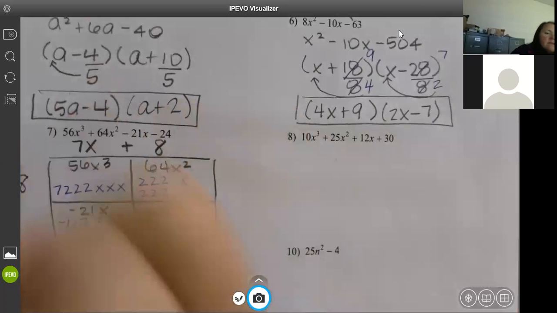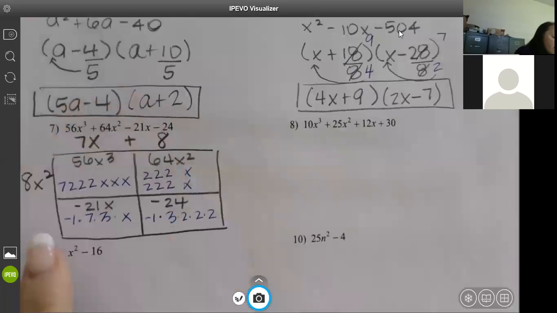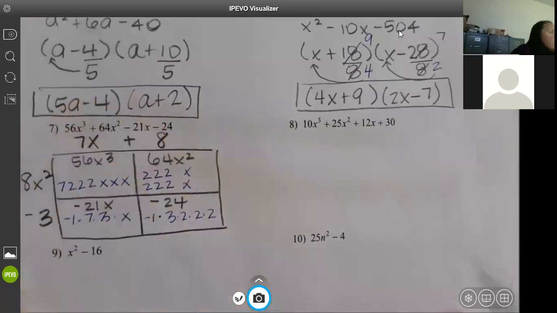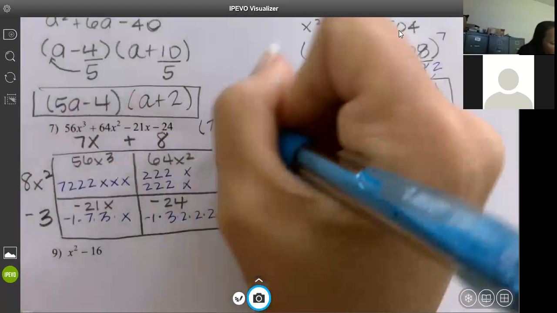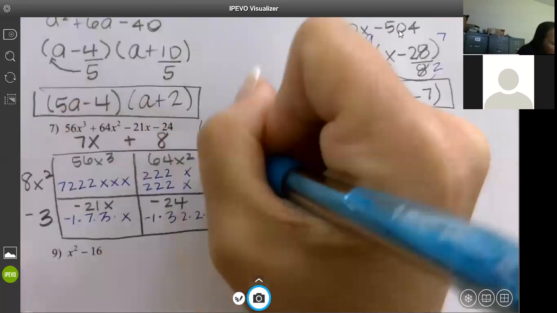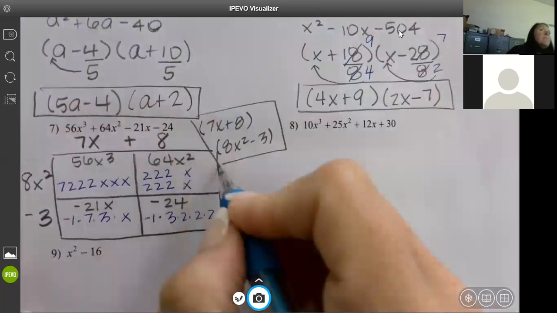What about x's? 2 x's. Very good. Across this way? -1 and 3 makes -3, right? So your two parentheses are 7x plus 8 and 8x squared minus 3. That would be your answer.